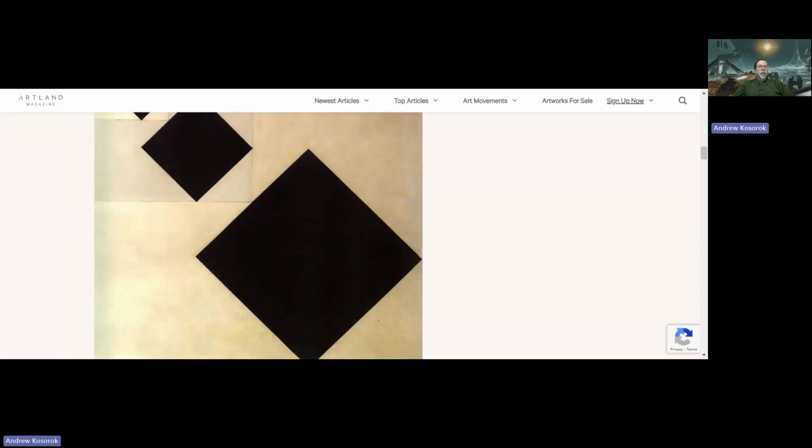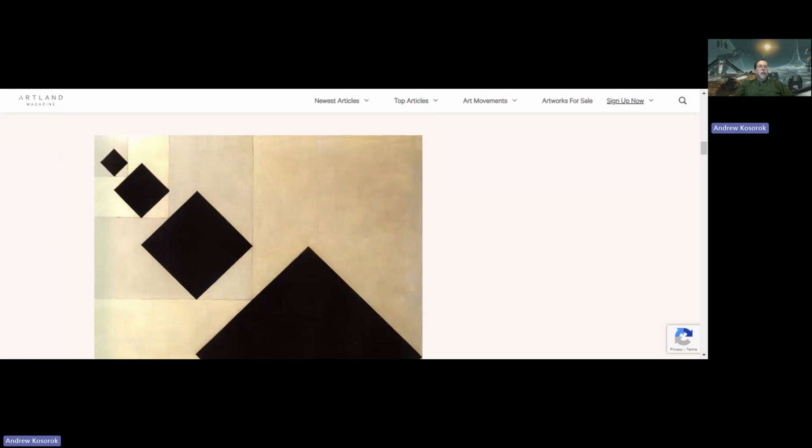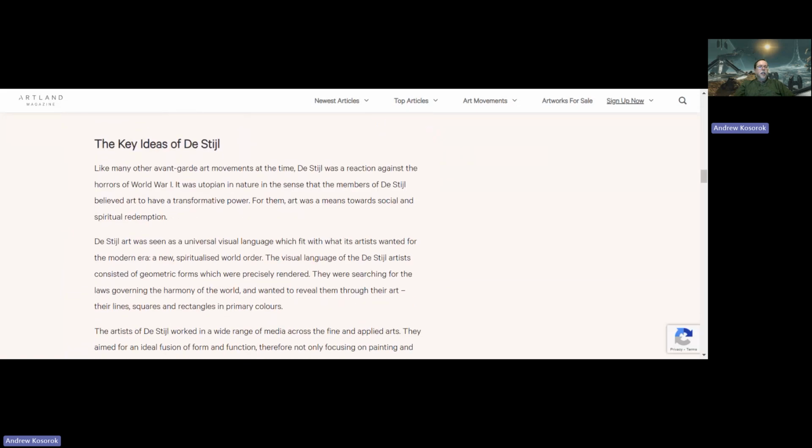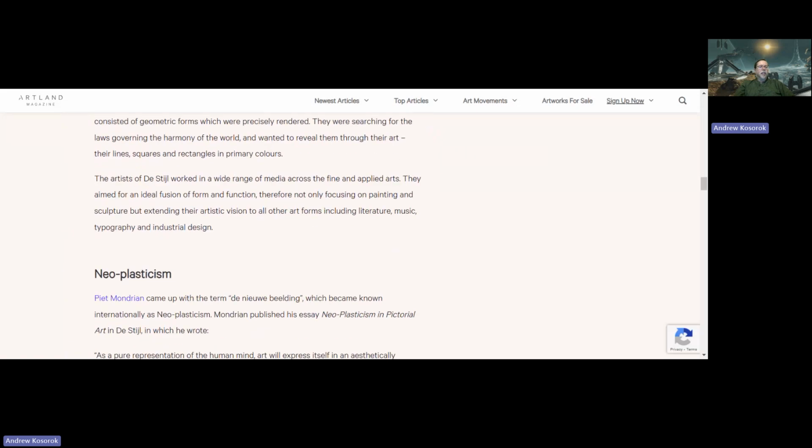And in this case, we're not talking about only horizontal and vertical lines. We're also not talking about any color. I mean, there's essentially shades of white and black squares on their corners. And this is by Theo van Doesburg, who is another one of the De Stijl painters. Really some very interesting ideas.